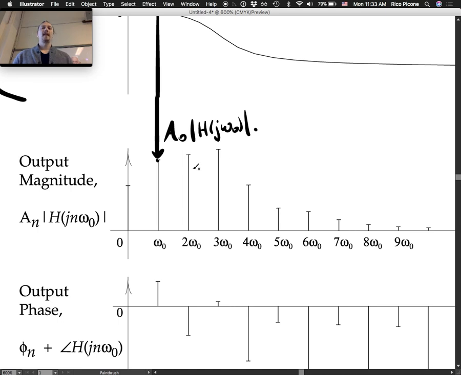And if we were to do the fifth one, it would be A5 times the magnitude of H of j omega 5.